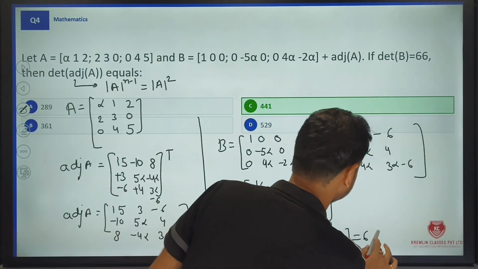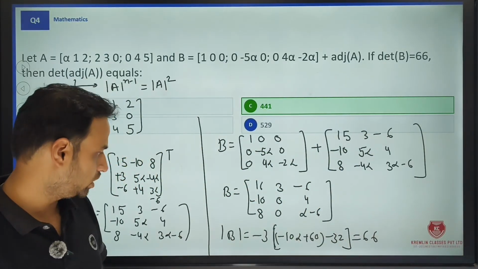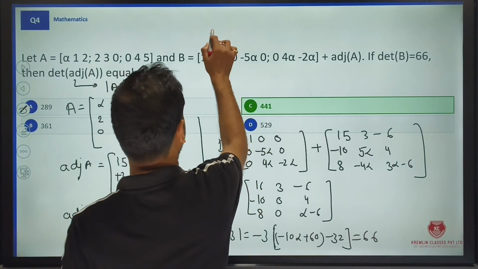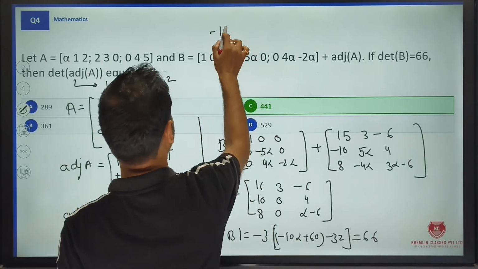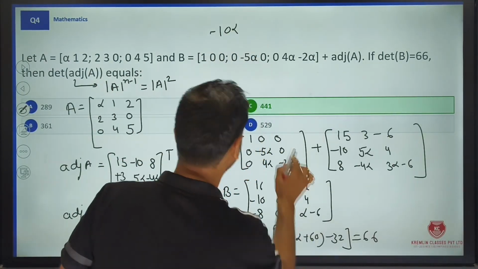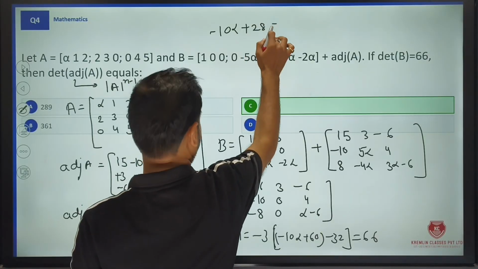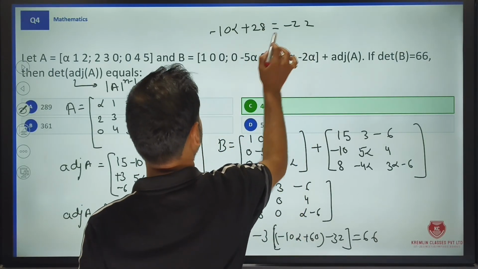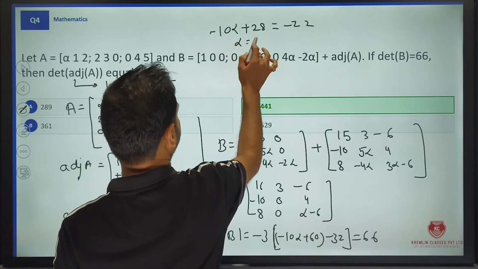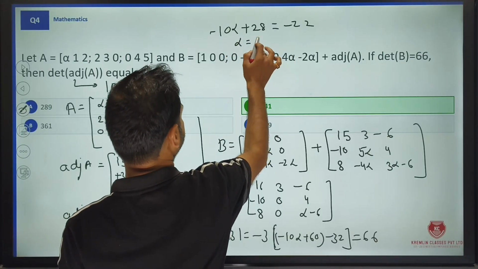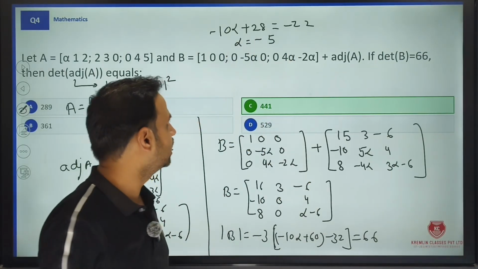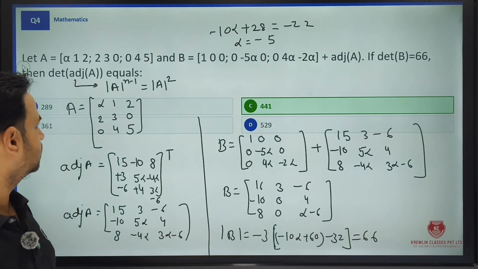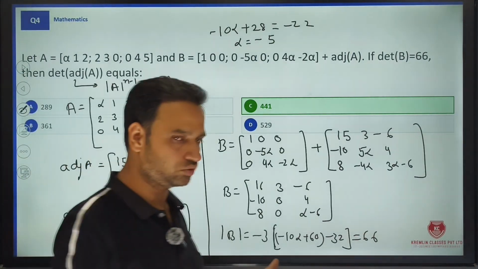And this is 66. So we can find it minus 10 alpha plus 28, that is equal to, when we divide it by minus 3, it will be minus 22. So alpha will be 50 by minus 10, minus 5. Alpha is given by minus 5, and I think the question has been solved now.